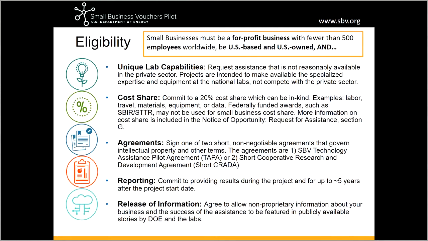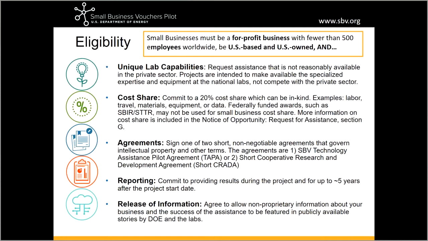As I mentioned earlier, you have to commit to a 20% cost share. That can be in kind. In most cases, it's in kind. Examples of in kind include labor, travel, materials, equipment, etc. Or you can provide cash if that's better for your company. This is important. A federally funded award, such as an SBIR, cannot be used for the cost share. So you have to use non-federal funds for your cost share.